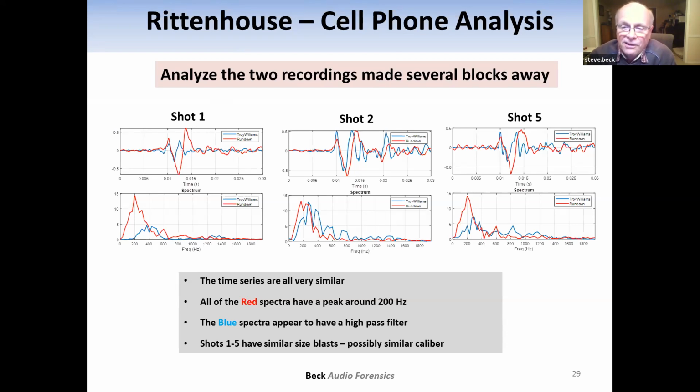Well, it's difficult to make comparisons between different recordings if they have very different filtering. And that's one of the issues that us forensic guys always have to deal with, is we usually don't know. We don't have access to the recorder, and we don't know what cell phone it is, so we can look things up. So I just found that very interesting.